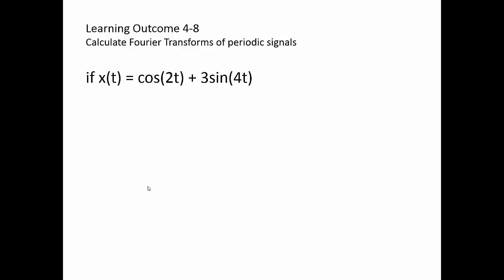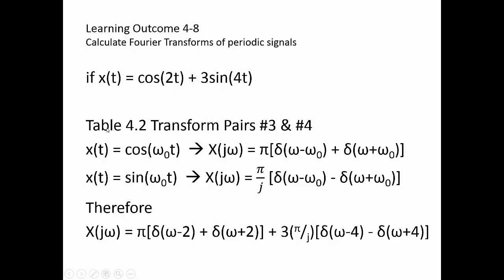Okay, let's come back and think about this again. If you look in Table 4.2, transform pair 3 says that if our time signal is cosine of omega naught t, our Fourier transform will be pi times delta of omega minus omega naught plus delta of omega plus omega naught.